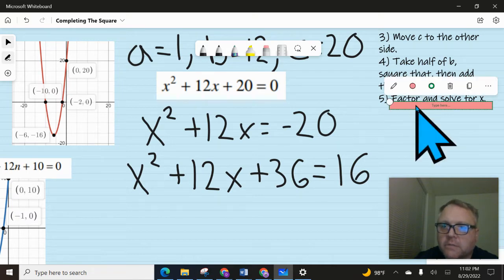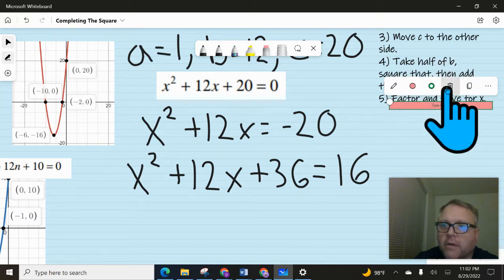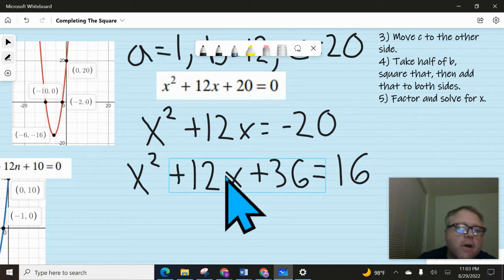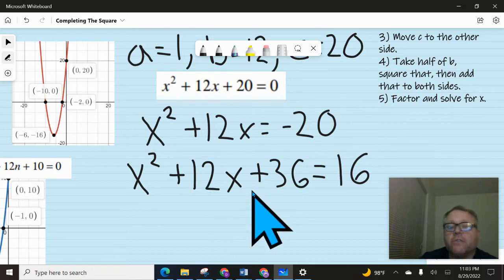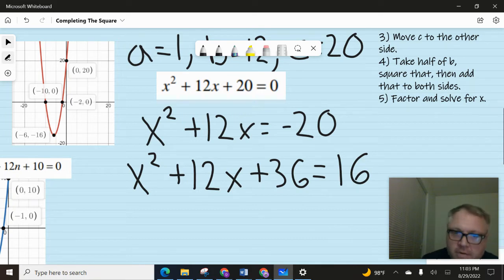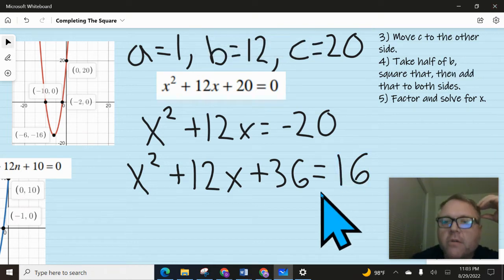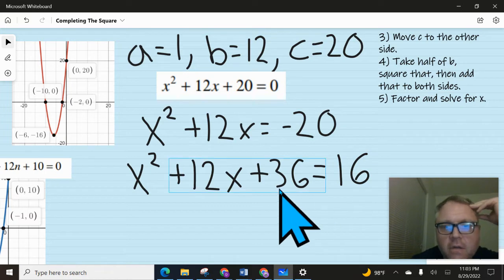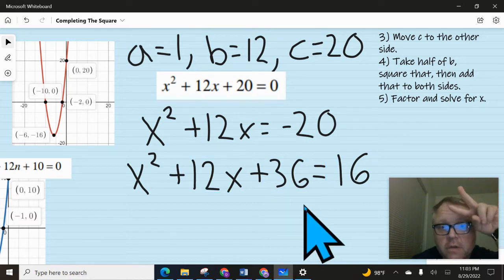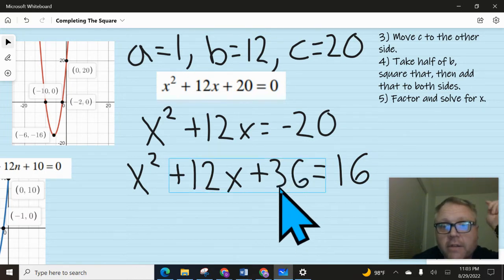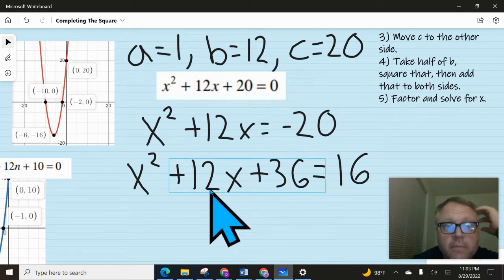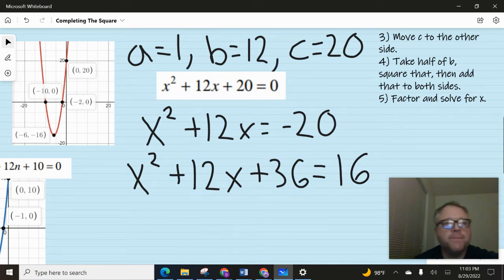Okay, and go ahead and get rid of that. Factor and solve for x. Now this will definitely factor, and it'll factor into two identical binomials, and you'll see the square come into play. Ignore the 16 for now. Look over at the left. I need two numbers that multiply to 36 and add to 12.